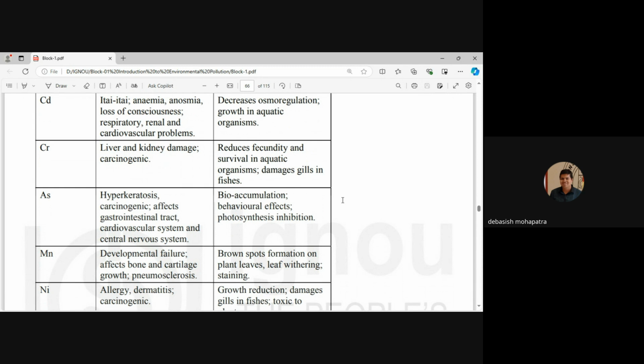Manganese: develops failure after bone and cartilage growth. Then pneumosclerosis, brown spot formation on plant leaves, leaf withering and staining.